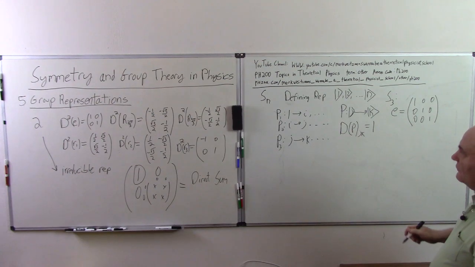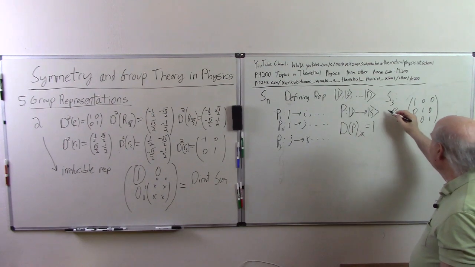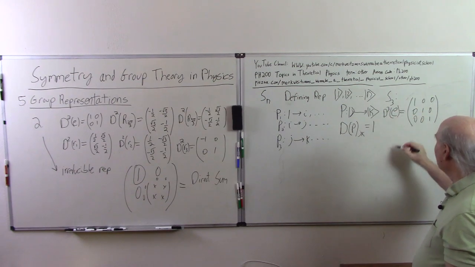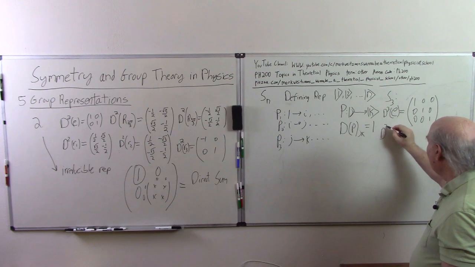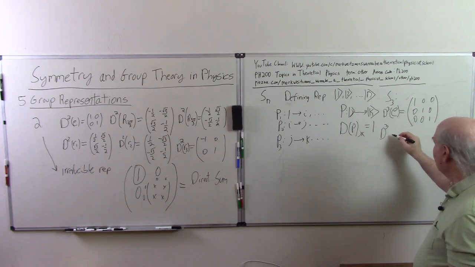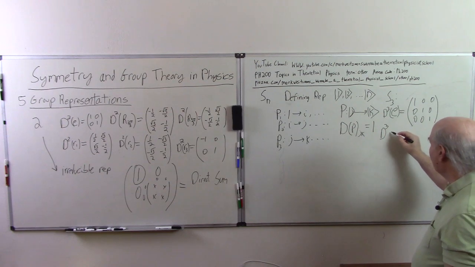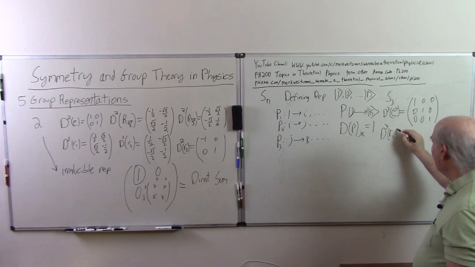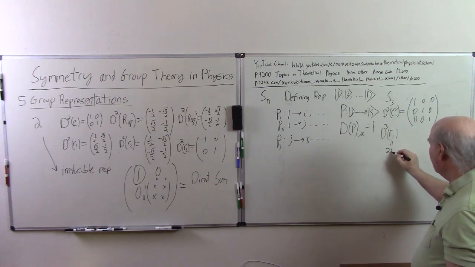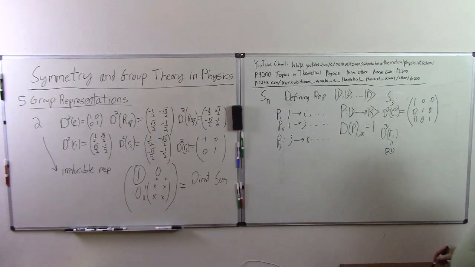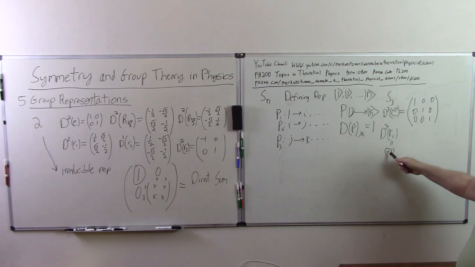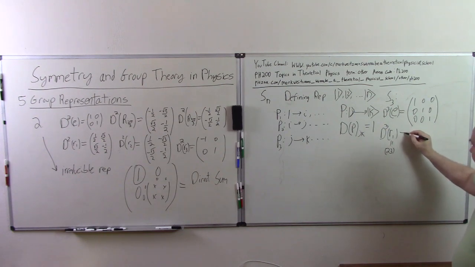Now if we do the next one, this is D3E. Let's do D3 of R1, and R1 is equal to (2 3). So what this does is the first object doesn't map anywhere, but the second object maps to the third, and the third maps into the second.